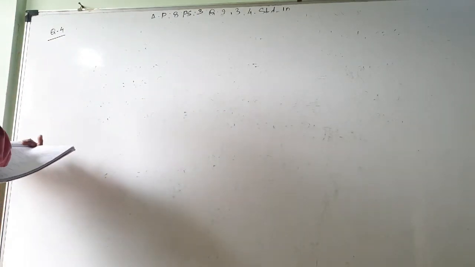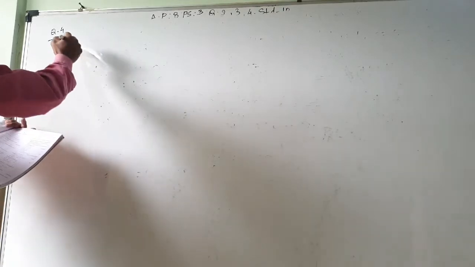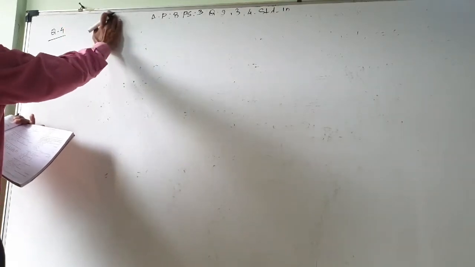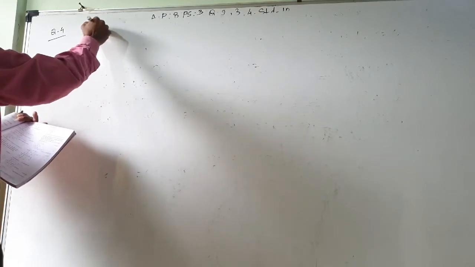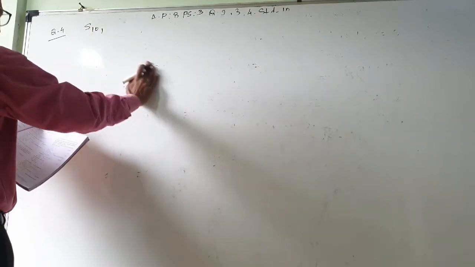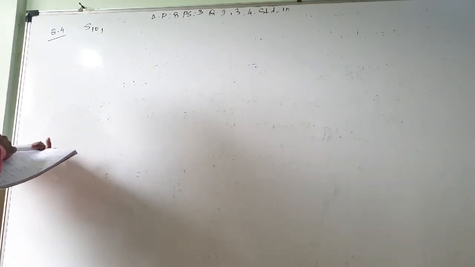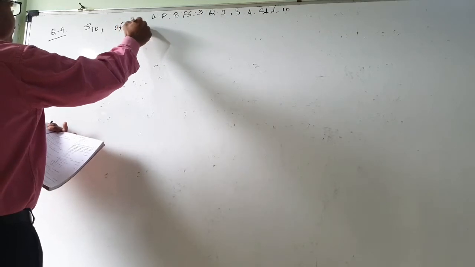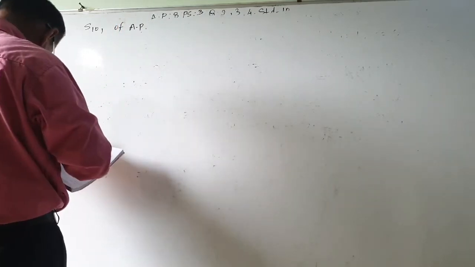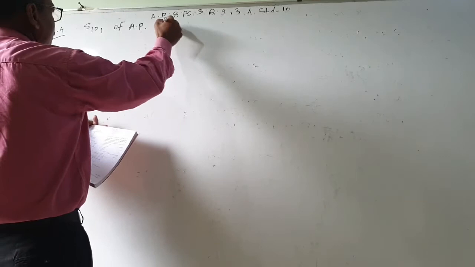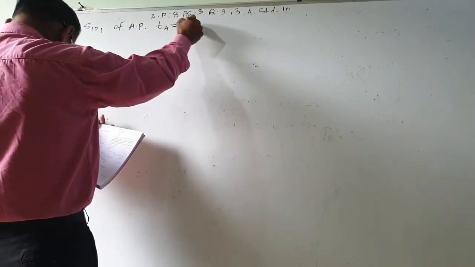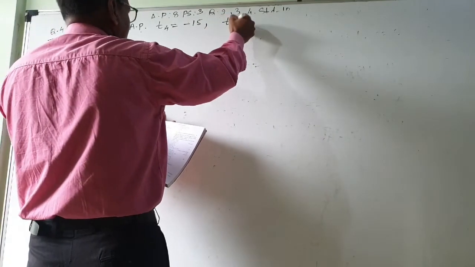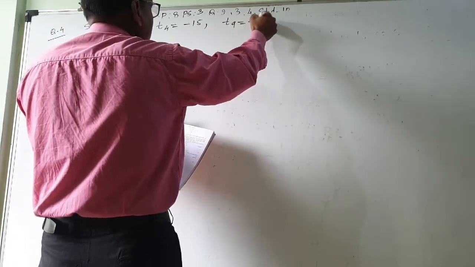Find the sum of the first 10 terms of the AP, means first 10 terms means S10 I have to find, whose fourth term is, means T4 is minus 15 and the ninth term is, means T9 is minus 30.